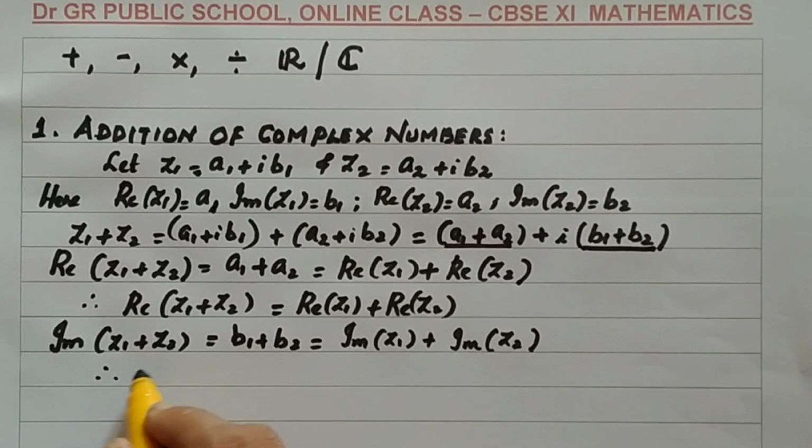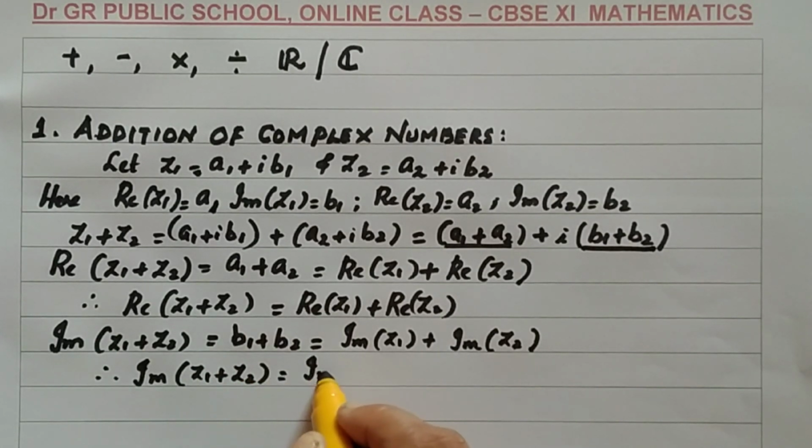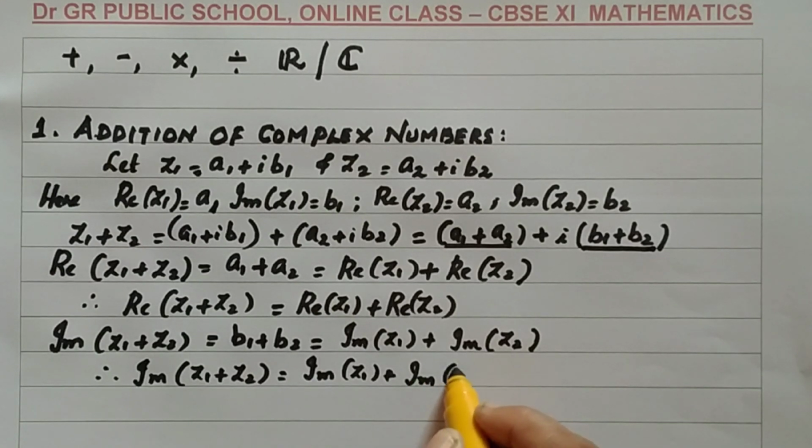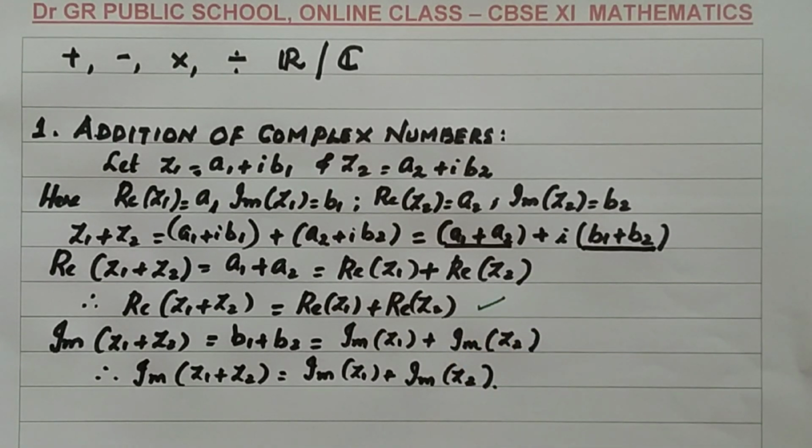From this you can see the imaginary part of Z1 plus Z2 equals imaginary Z1 plus imaginary Z2. So remember these two results. Real part of Z1 plus Z2 equals real Z1 plus real Z2, and imaginary part of Z1 plus Z2 equals imaginary Z1 plus imaginary Z2. This is regarding addition of complex numbers.